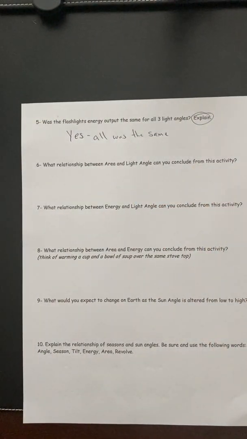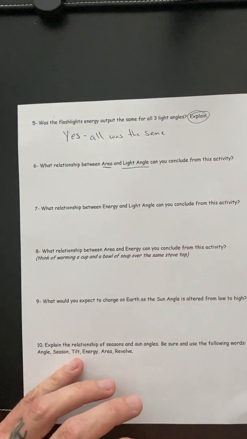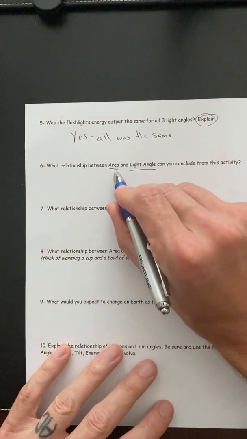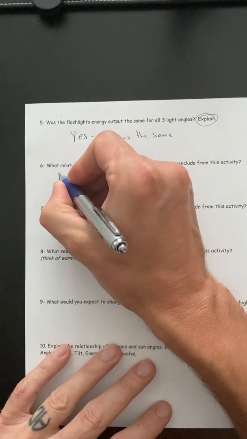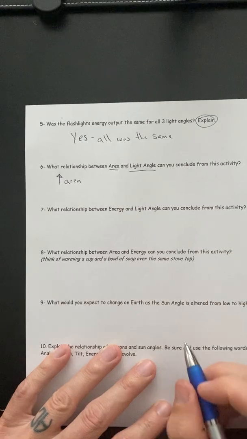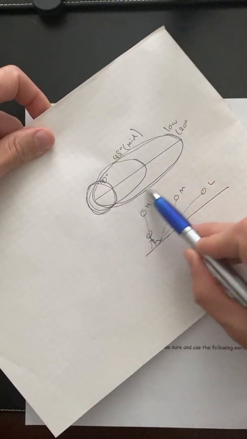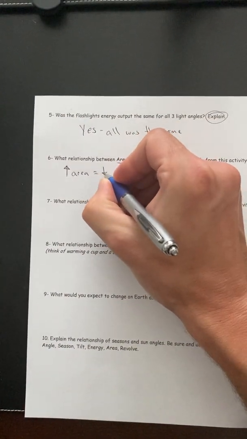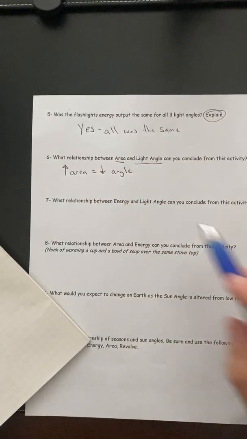So what relationship between area and light angle can you conclude from this activity? Well, I'm going to use some fancy little abbreviations here. When we had a large area, it was from a low angle, right?